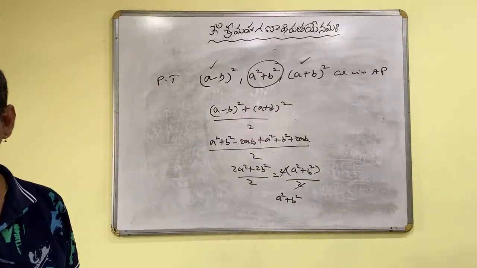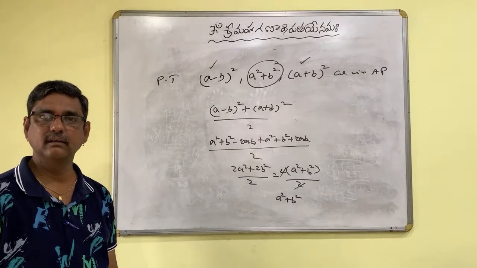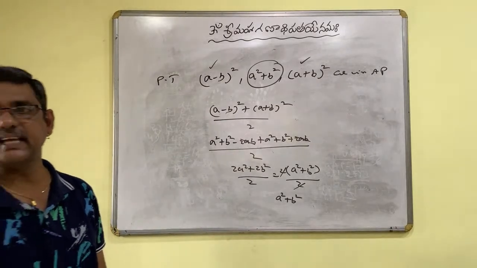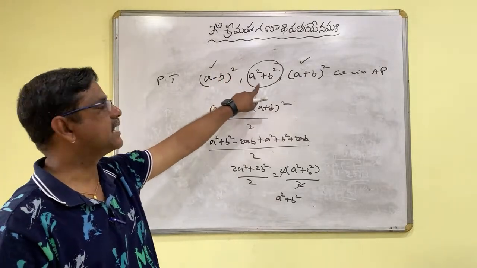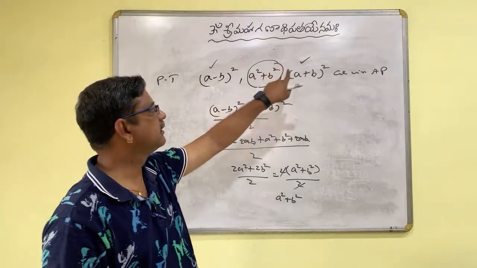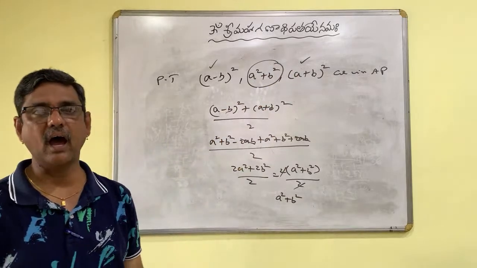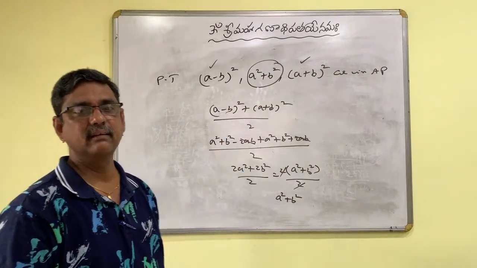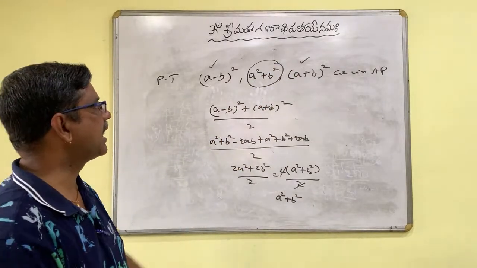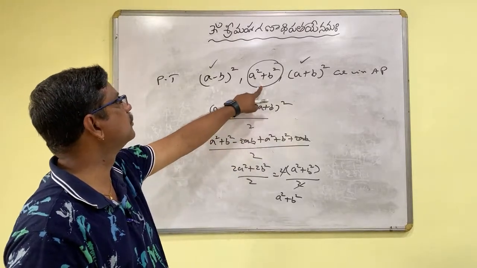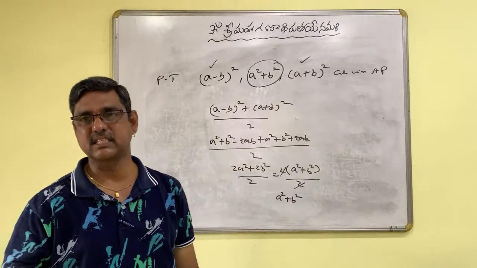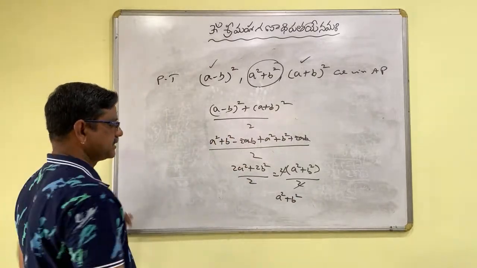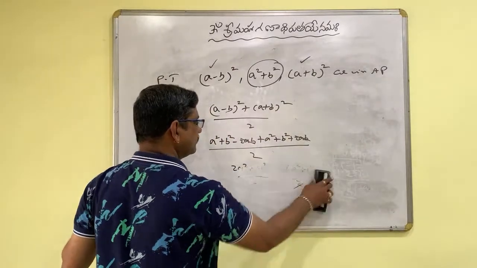So we can say that A minus B whole square, A square plus B square, A plus B whole square are in AP, because the middle term is equal to the arithmetic mean of the first and the last term. Right. Next question.